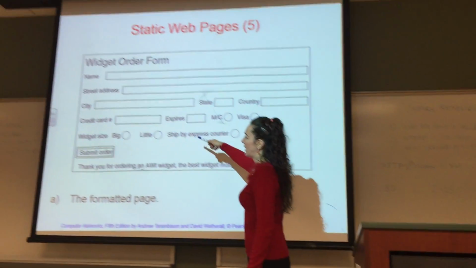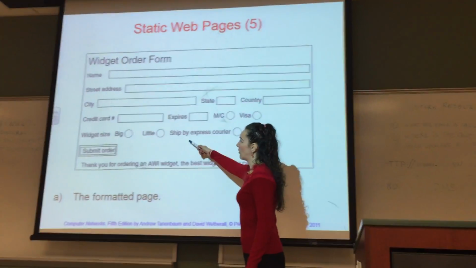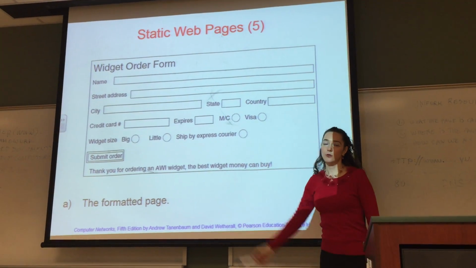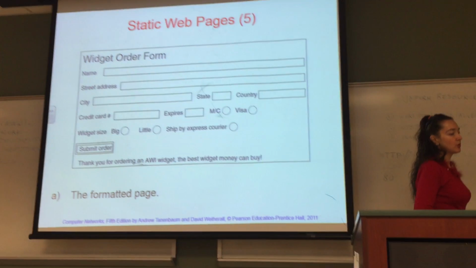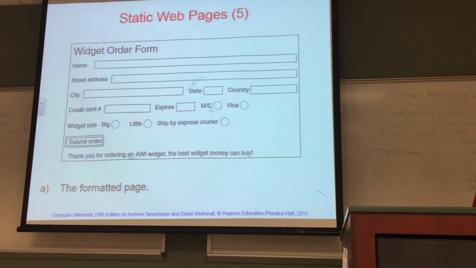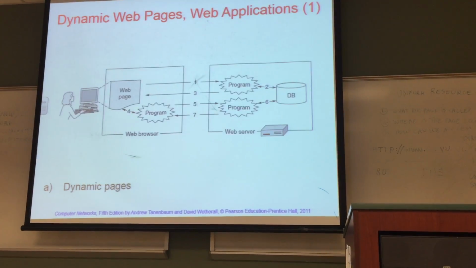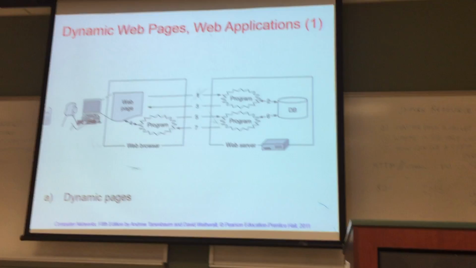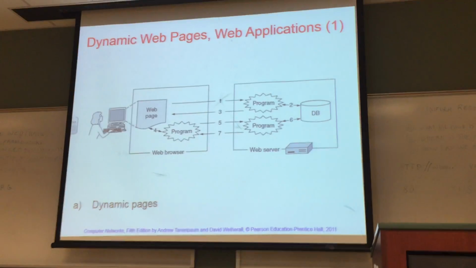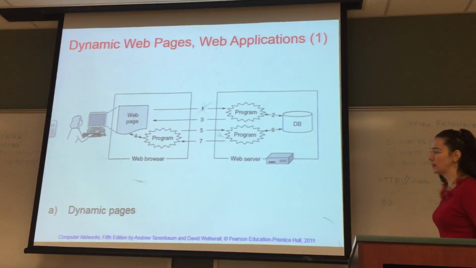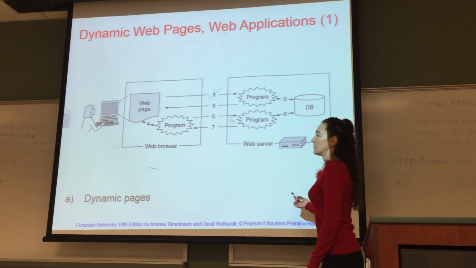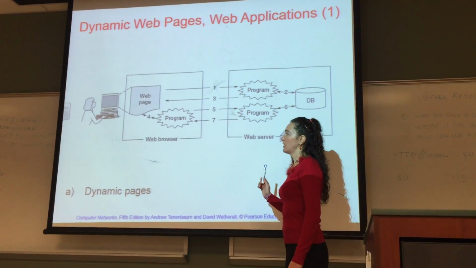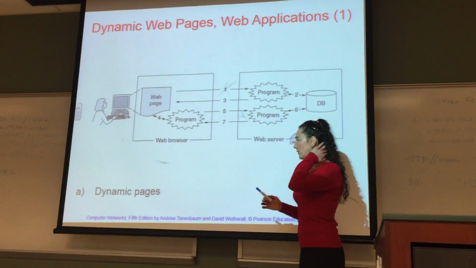So the name, address, what they want, big widget or small widget or whatever, and submit the order. So in that case, we are sending information to the server. So that will become a dynamic page, because what the server will respond with will be different for each client, depending on the information that they filled out.